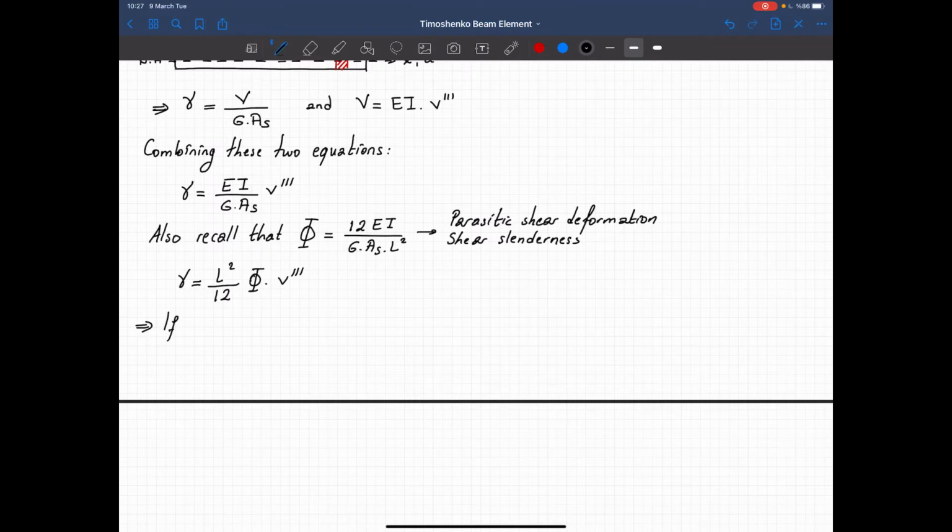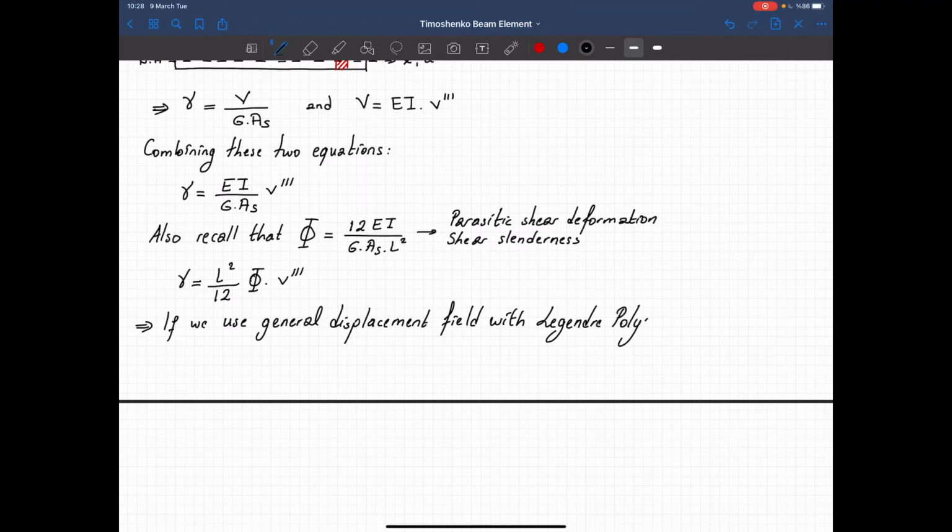So, if we use general displacement field with Legendre polynomials, then the third derivative of the transverse displacement becomes equal to 120 divided by L cubed multiplied by D4.